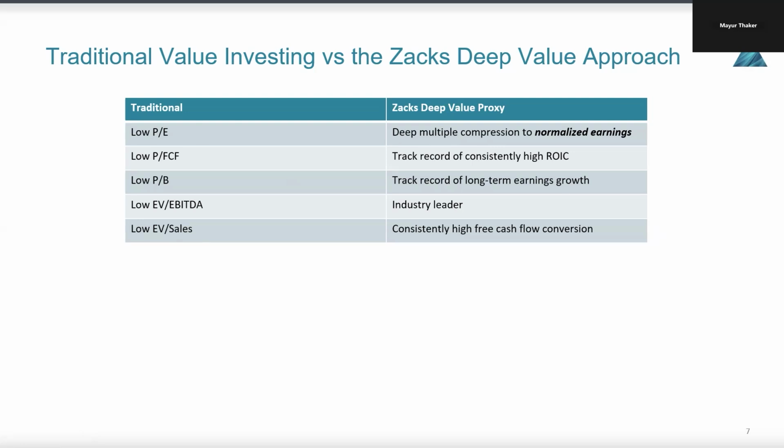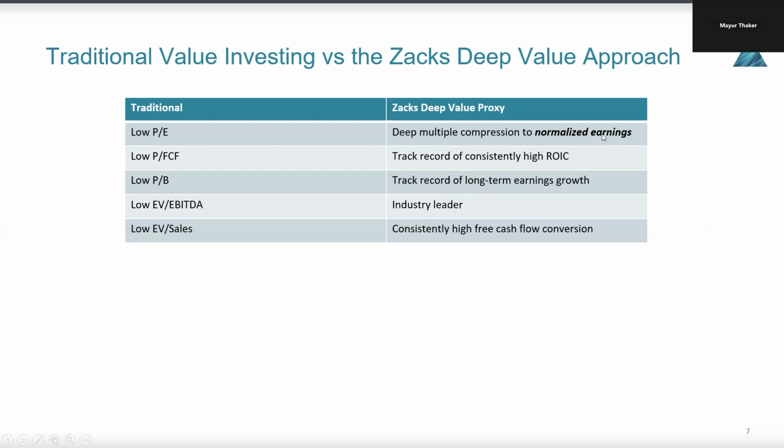That ends up getting you companies that don't have growth, companies that are deeply cyclical without much compound growth involved, companies that don't earn attractive returns on capital. So what we look for is a deep multiple compression. That's the first distinction. Rather than a low multiple, we look for multiple compression, deep multiple compression.